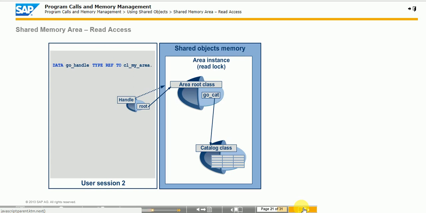The program obtains the handle for the area instance using method attach_for_read, which class CL_SHM_AREA provides. This sets a read lock that prevents the system from erasing the area instance during the access. The objects in this area instance are now accessible by always using the area handle.